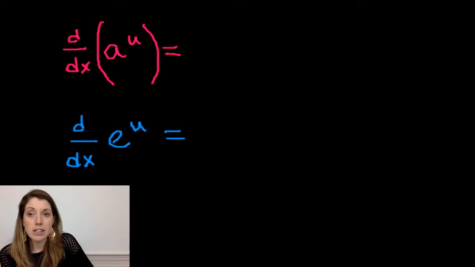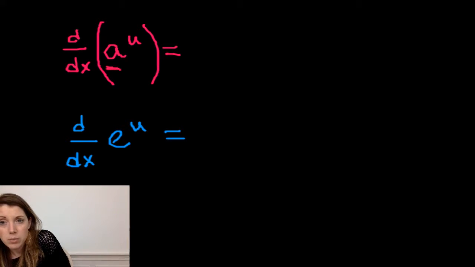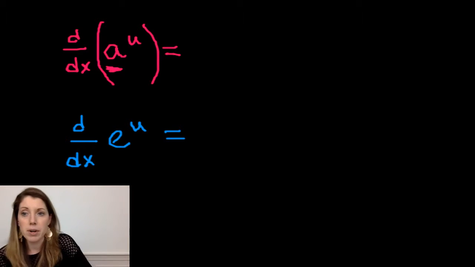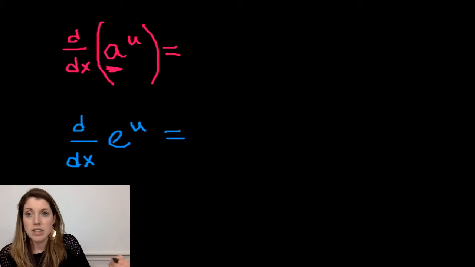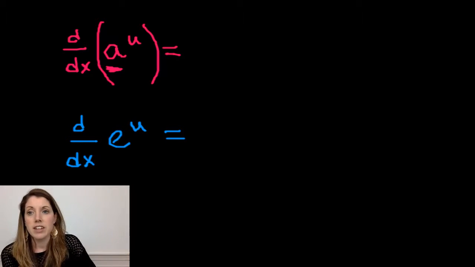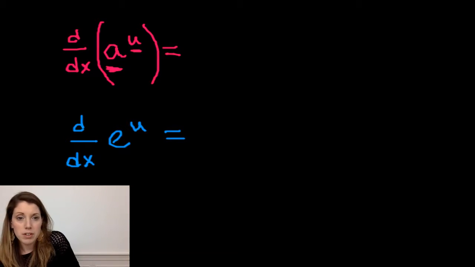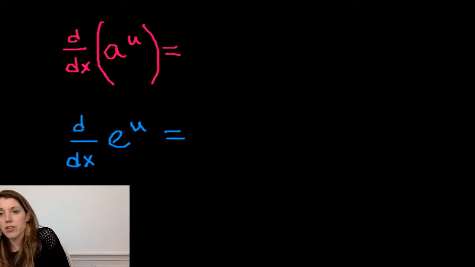Any exponential function can fit into this form, where the base is what they're describing as a, so that's a number, some constant, 2 or 10 or e or any type of constant is going to be the base number, and then the variable is going to be found in the exponent, because of course that's why we call it an exponential function. So without further ado, here is the formula.